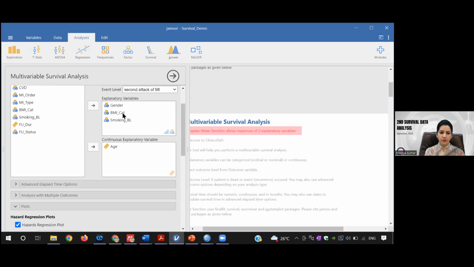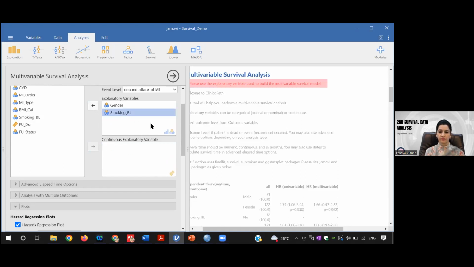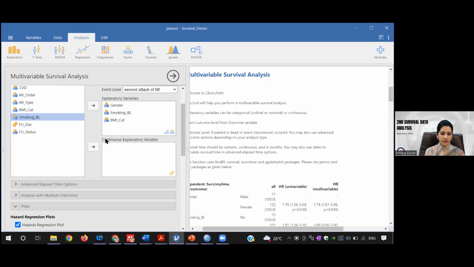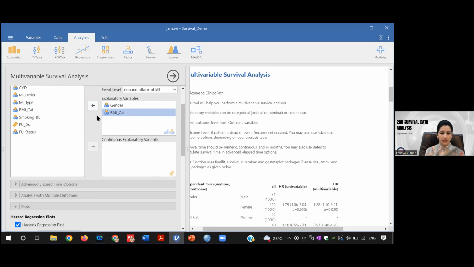So I'll have to shift this and this. Gender, smoker. Gender, smoker. So please use the explanatory variables used to build the multivariable model. Okay, so let me again shift the BMI category, age, and smoking back.